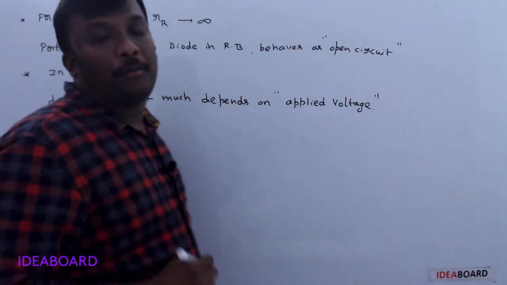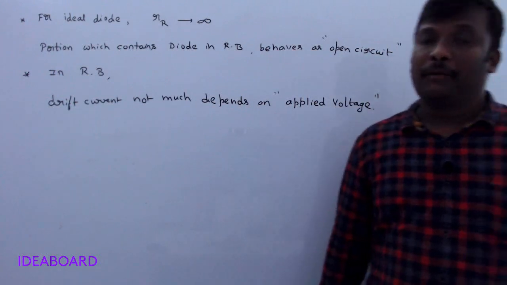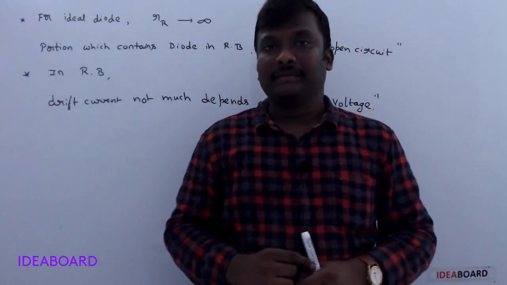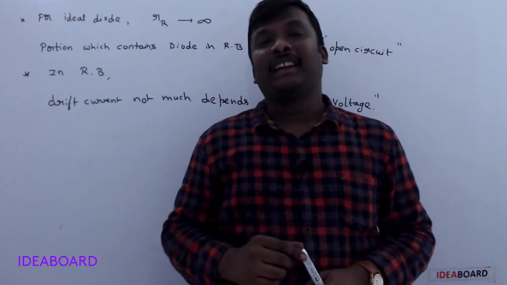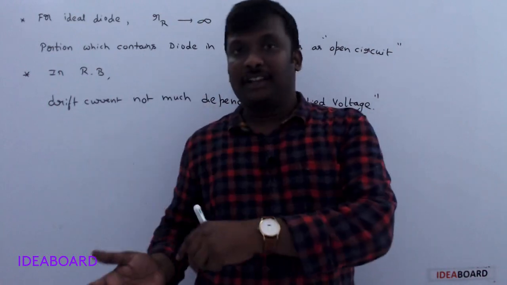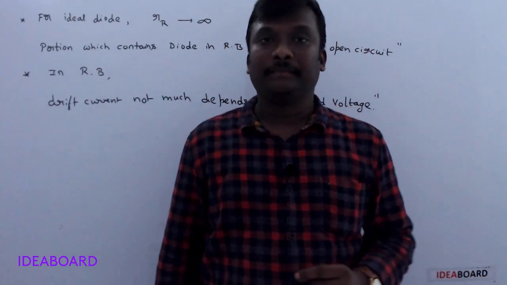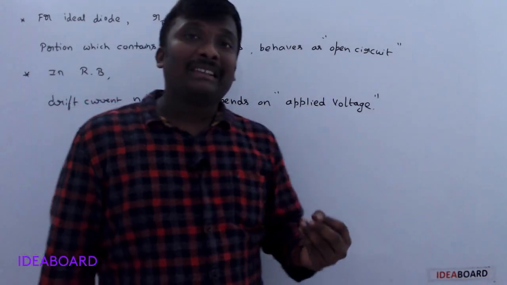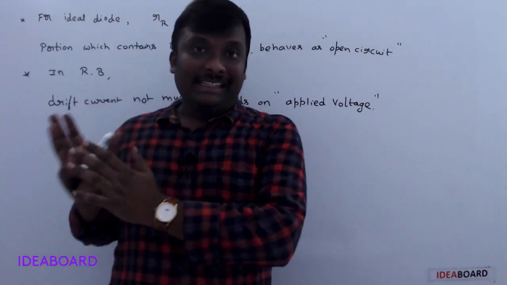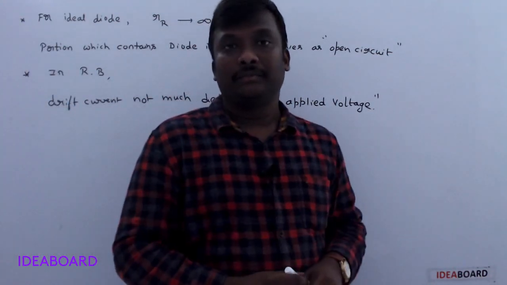It is another important point here. Drift current does not depend much on the applied voltage. It indicates that even with a small applied voltage, the minority charge carriers are immediately swept from one region to the other region. So the drift current is always there. If the applied voltage is increased a little bit, then this drift current immediately reaches the maximum value.